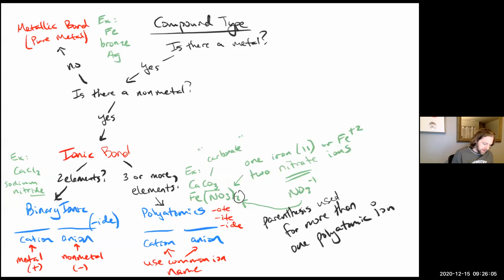So if there's a metal, for the ionic bond, is the metal a transition metal?